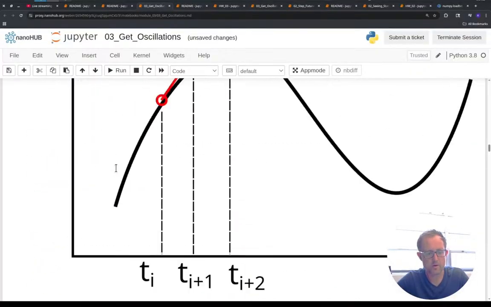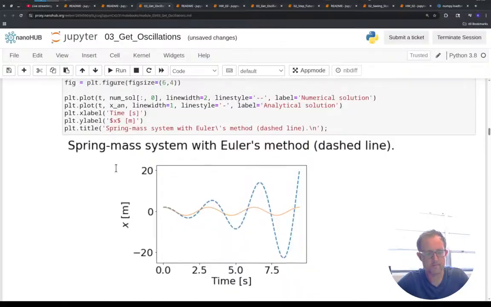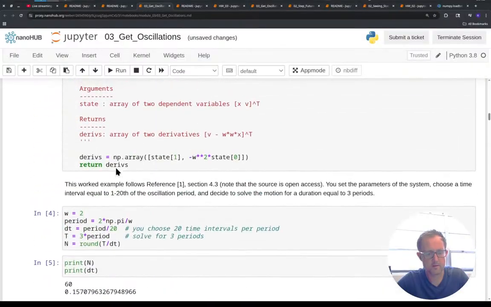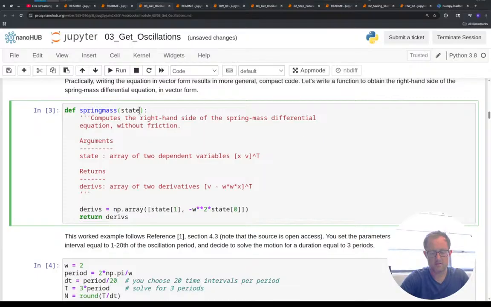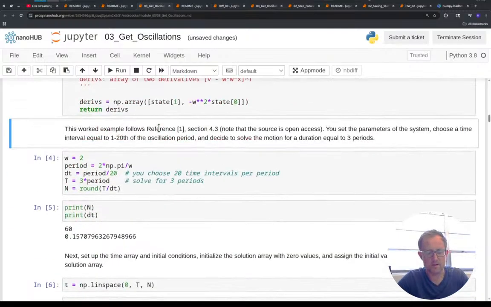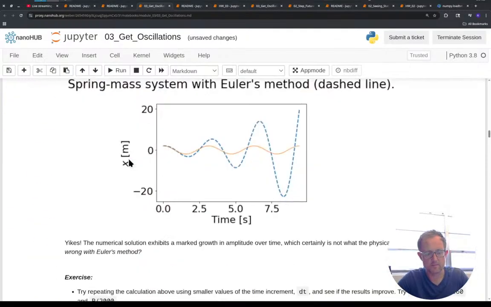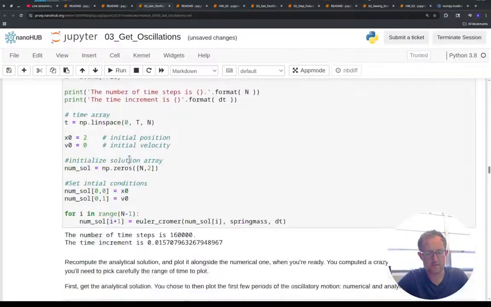Euler-Cromer, spring mass, this one. The spring mass is going to give me, I'm just going to say W equals 2, so I know that it's 2. And then I'll come back down.